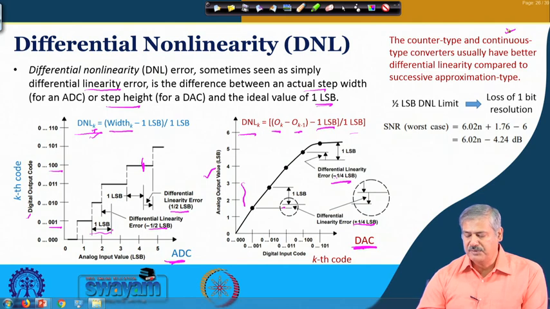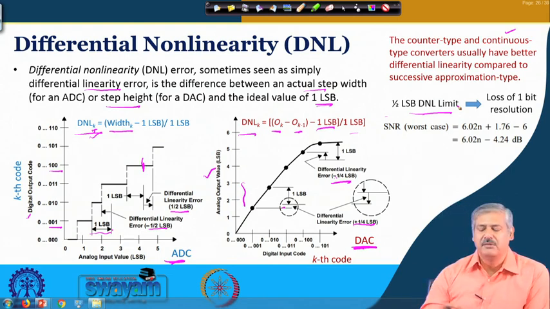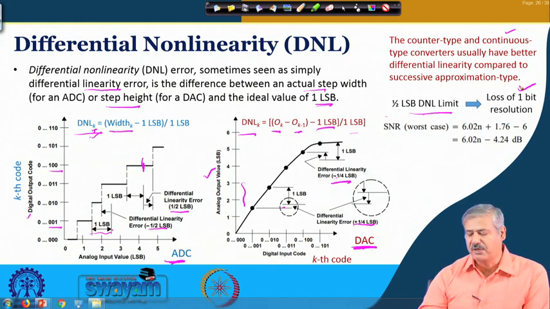And if this DNL limit is higher, say half LSB, then, since we had earlier considered the quantization noise to be within plus minus half LSB, DNL is adding another half LSB, so we have a 1 bit loss of resolution. 1 bit loss means basically 6.02 dB, since the SNR is 6.02 n if n bits are used.